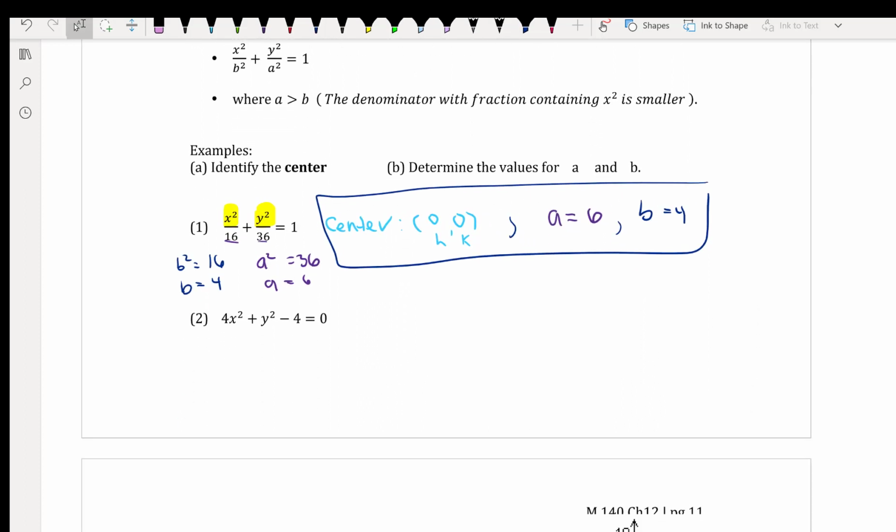Now for number 2, I'm going to have to get it into the ellipse form. So what I always have to do for an ellipse is make sure that it's always equal to 1.